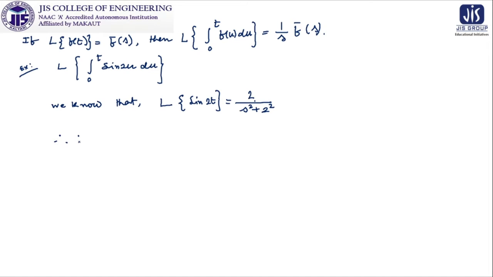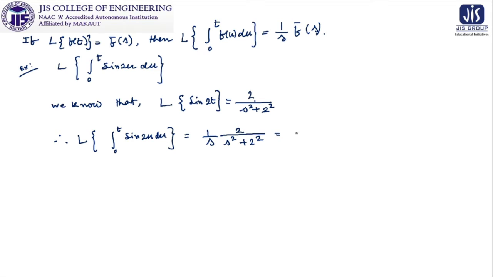So the Laplace transform of the integral from 0 to t of sin 2u du will be, according to this formula, 1 by s into f bar s, so it will be 1 by s into 2 by s square plus 2 square.